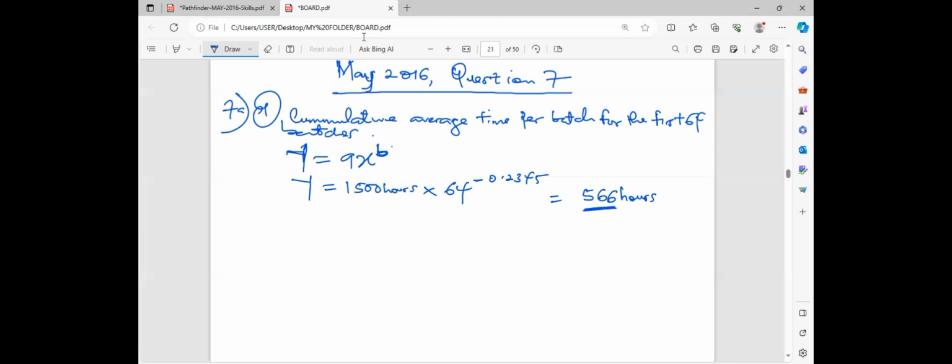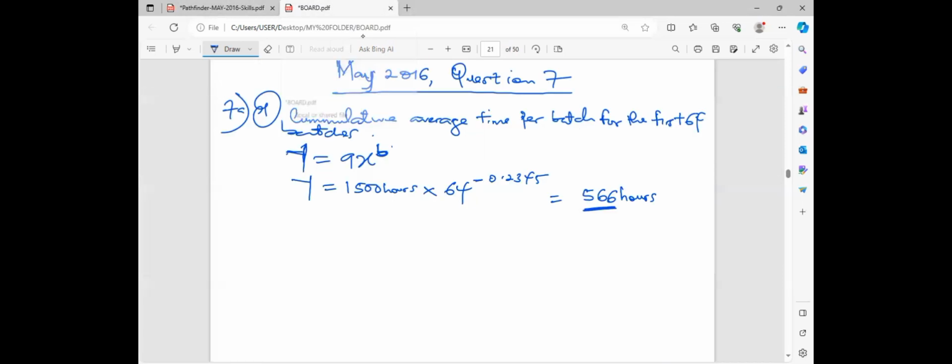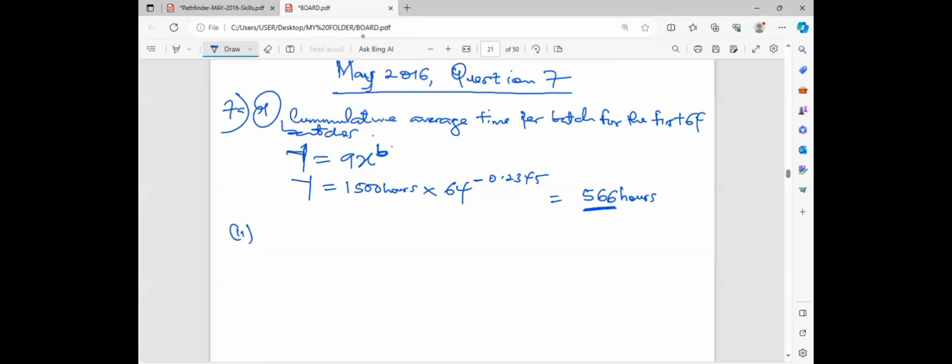Did we talk about the 9th batch, that we now have to do total time taken for the first 9 minus total time taken for the first 8? Was it that? Yes. All right. What you see here is a replica of that: the time taken for the 64th batch.